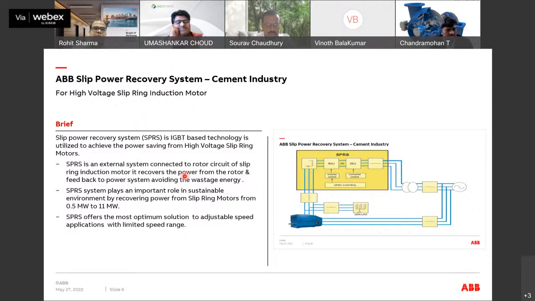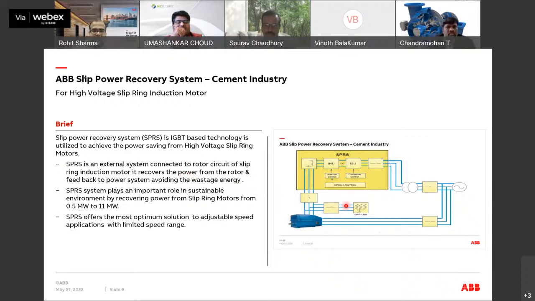In this way, traditionally we operate this slip ring induction motor through GRR. By controlling the speed and operating at the required torque through GRR, almost 15% of the rated capacity of the motor energy is wasted in the GRR. That particular energy we are recovering with the help of SPRS and feeding it back to the grid.